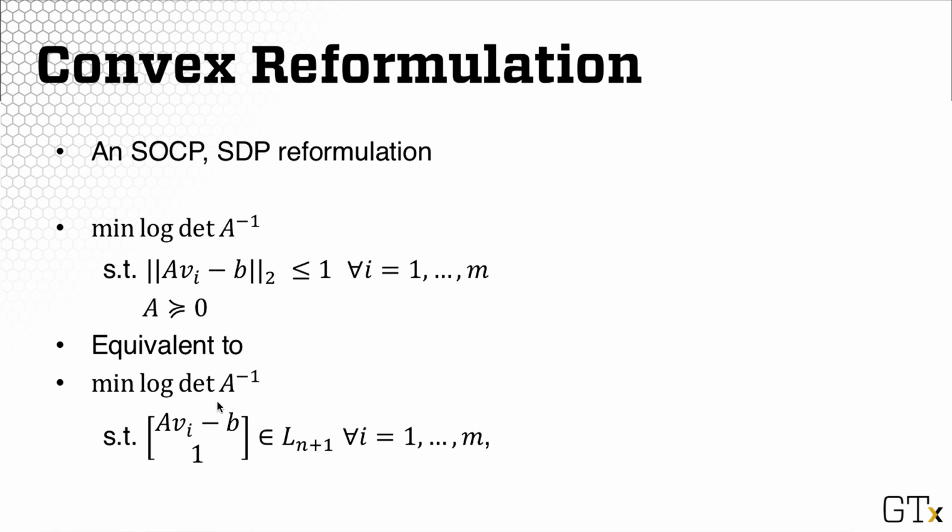You can write it as A Vi minus B as a column vector, and then attach another entry to it. This is an n+1 dimensional vector. This vector is in the n+1 dimensional second order cone, right? That is exactly the reformulation of this. And the matrix A itself should be positive semi-definite. So everything is nice. This SOCP constraint, this SDP constraint, this convex objective function. So this is a convex reformulation of the minimum volume circumscribing ellipsoid problem.